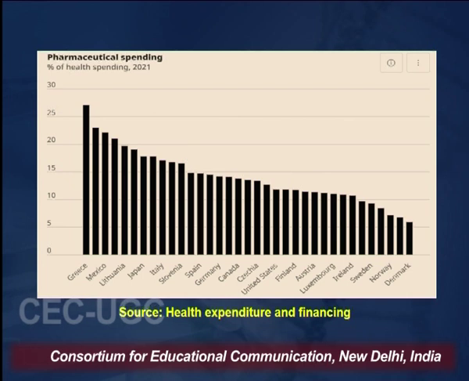Look at this graph, the pharmaceutical spending. In this graph, we can estimate, calculate and observe the data for pharmaceutical spending in 2021. And this is the work of the OECD: collecting the data, conducting the research and performing the analysis in different sectors.